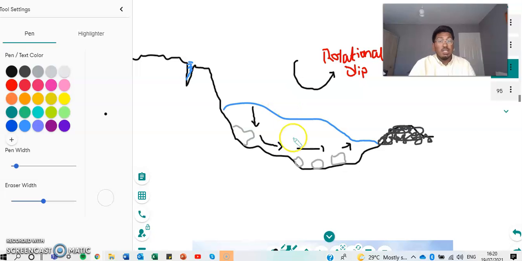Now, as you can see, we've also got these other processes of erosion and weathering. So this here is your freeze-thaw weathering, and that will cause a steeper wall. Okay, will cause this section of rock to fall in to the ice.